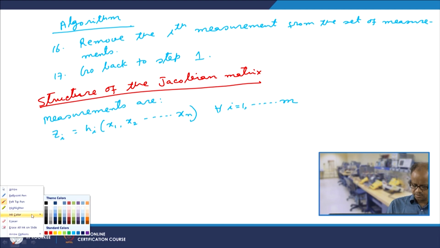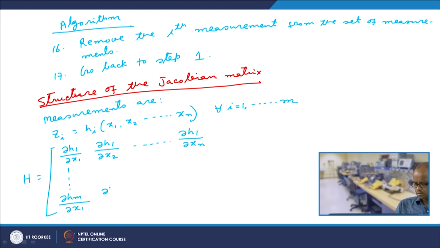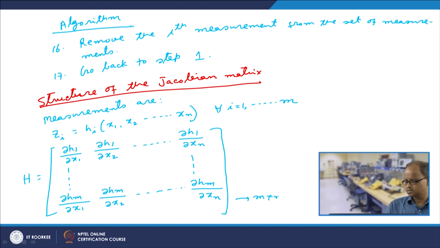So then this H matrix is nothing but del H1 del x1, del H1 del x2, up to del H1 del xn, and this will go up to del Hm del x1, del Hm del x2, up to del Hm del xn. So this is a straightforward m cross n matrix.